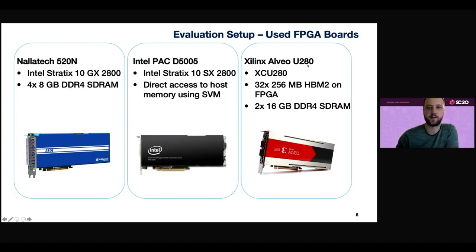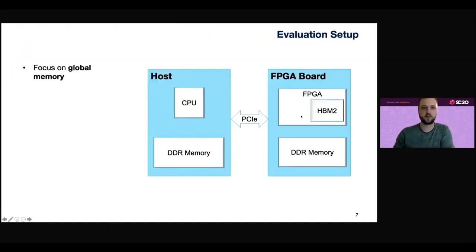Additionally, we have a Xilinx FPGA, the U280, which also comes with 2 different kinds of global memory. So we have 32 banks of high bandwidth memory, HBM2, and also 2 banks of DDR memory. Maybe to get an impression of how this all works together: with our benchmarks, when we talk about memory, we talk about the global memory that we use in the FPGA.